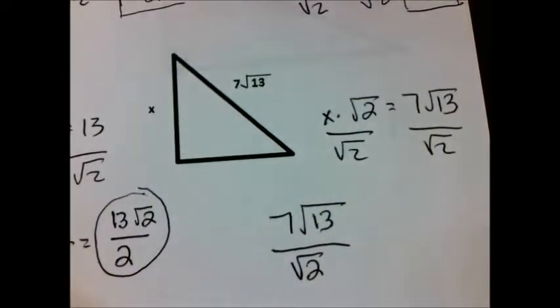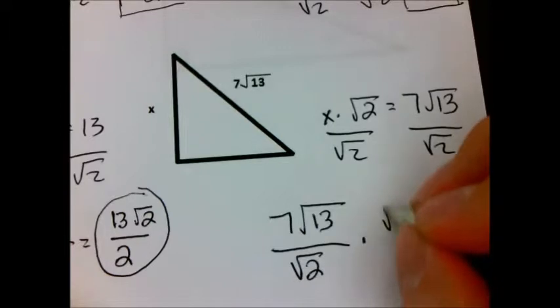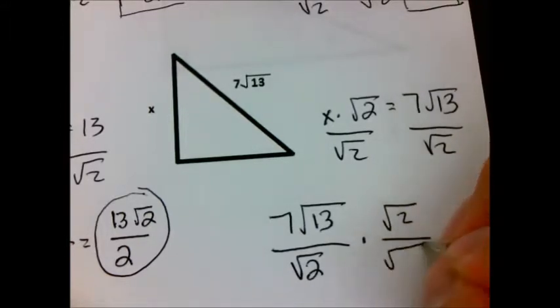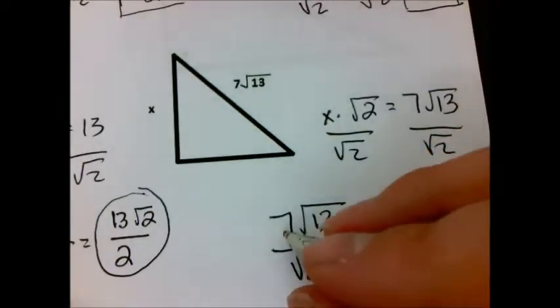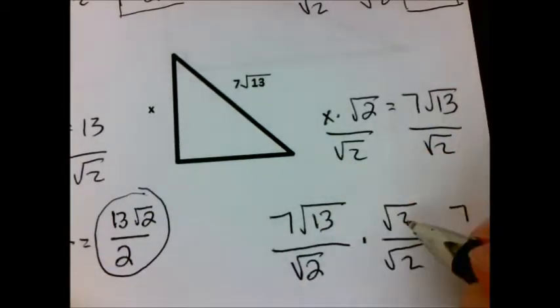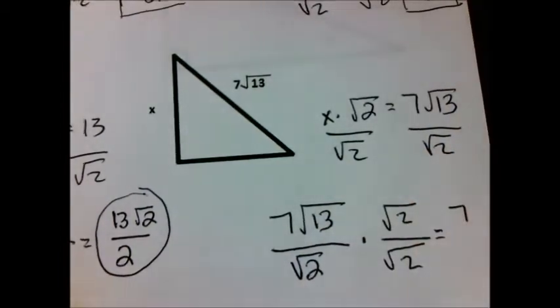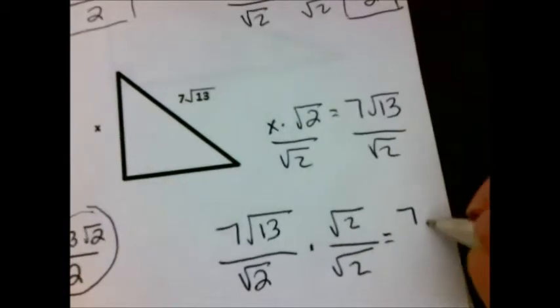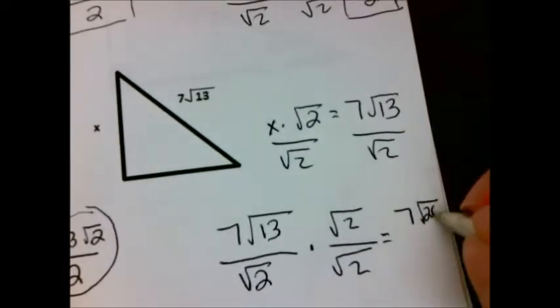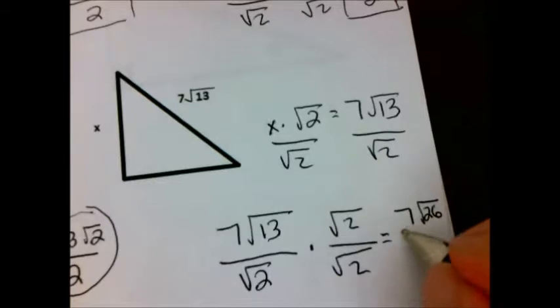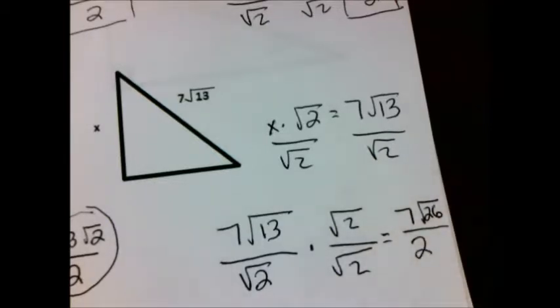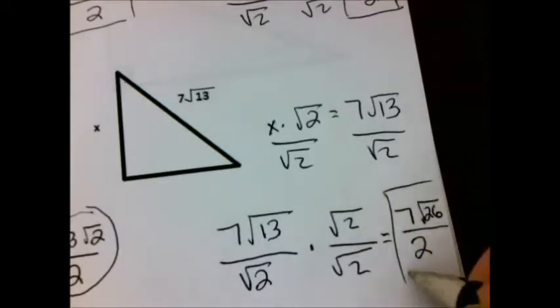We got to get the square root of 2 out of the bottom. So we multiply the top and bottom by square root of 2. That gives us 7 square root of 13 times 2, which is 26, all over 2. This can't be reduced, so we are done.